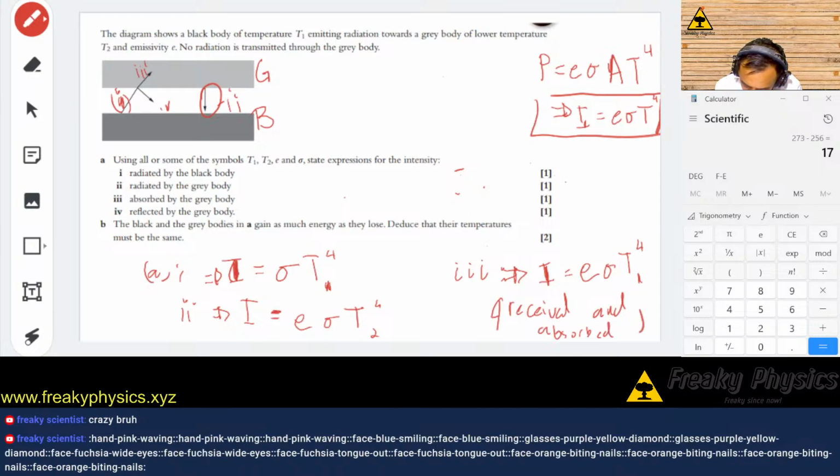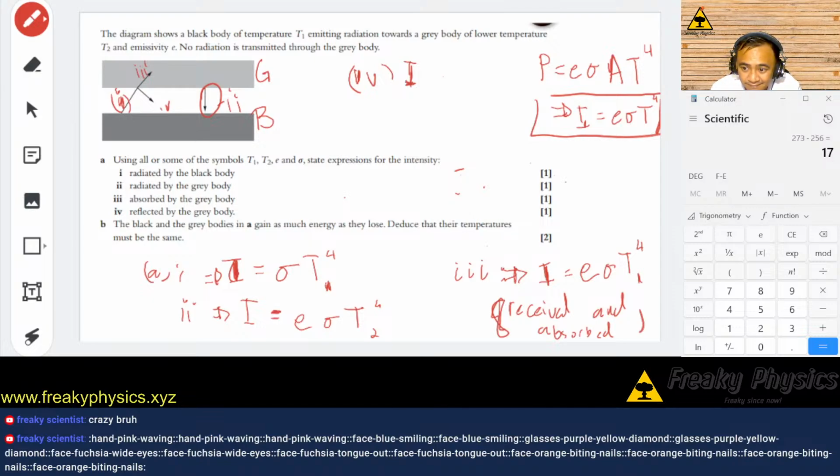Okay, and how about part 4? Let's put part 4 here because I don't have enough space there. Part 4 would be what? Reflected by the gray body. If it's reflected by the gray body, it's T2, right?